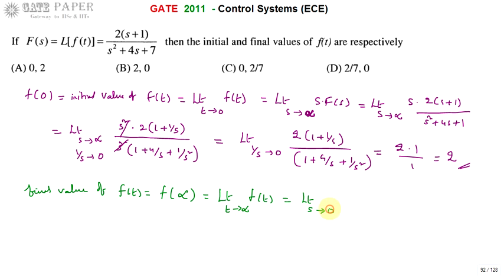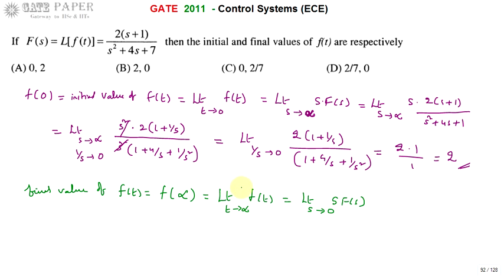So we write it as s tends to 0 of s into F(s). As F(s) is directly available, we will use this expression instead of the other one.